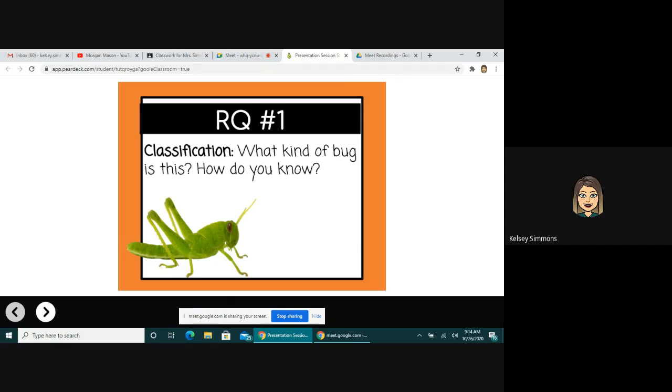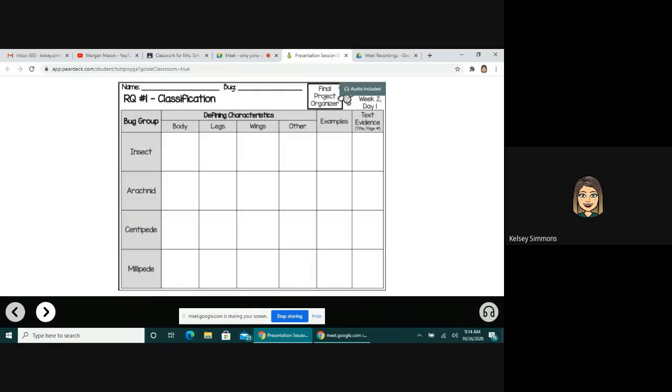There's things that make them classified into different categories. Like if something's an insect, an arachnid, a centipede, or a millipede, they're all going to be different based on their body, legs, wings, or even something different.